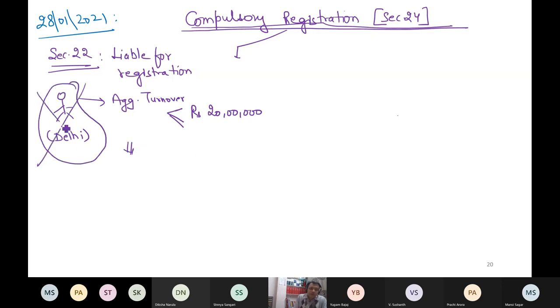I'm not supposed to take registration if my aggregate turnover in the previous year does not exceed 20 lakh rupees if I'm a supplier in Delhi. But in compulsory registration, it does not matter what my turnover is, I by default become liable.